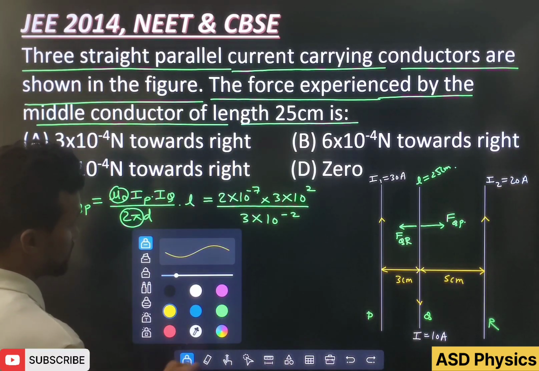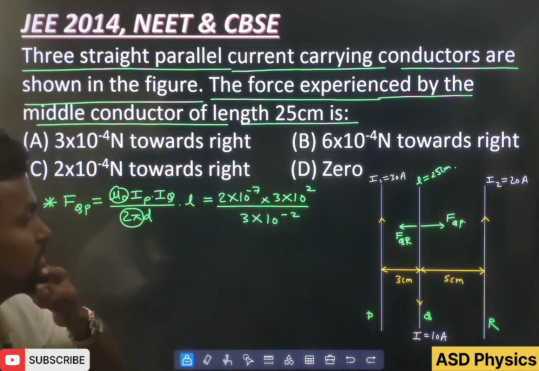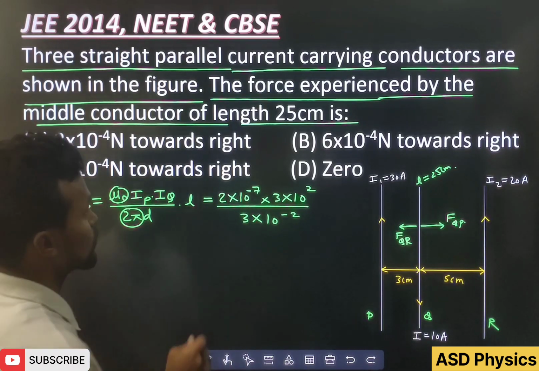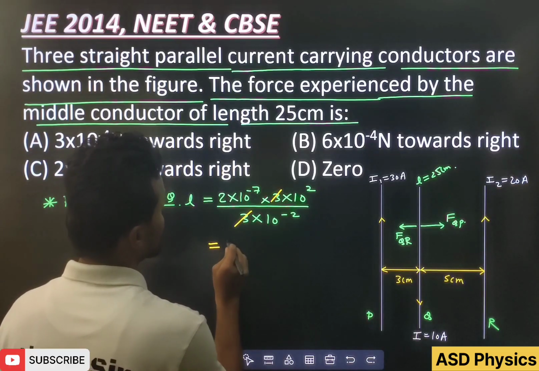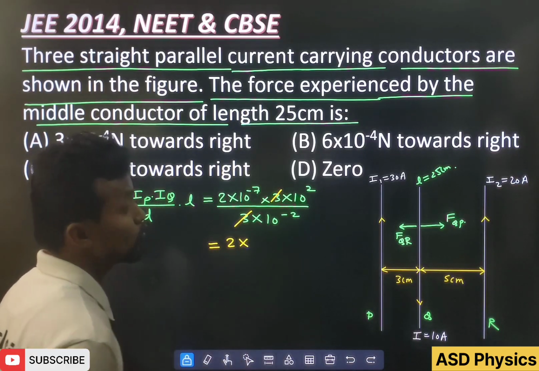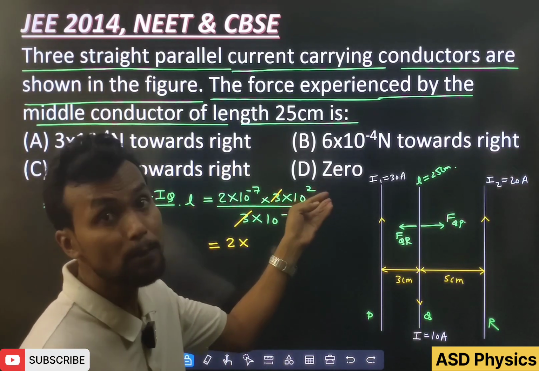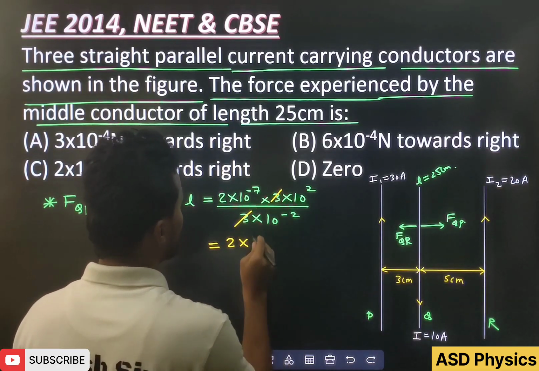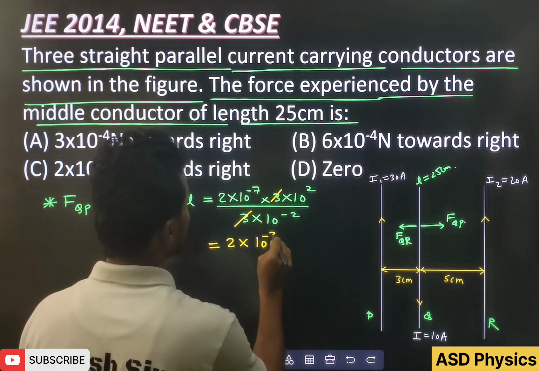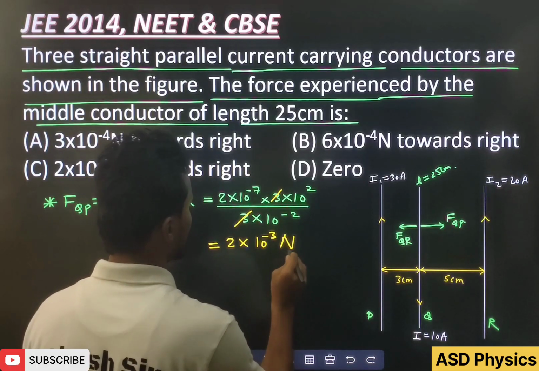We have just put the values here. So this 3 and 3 cancel. So this will come 2 into 10 to the power minus 2 going up, plus 4, and minus 7. So it will come 10 to the power minus 3 Newton.